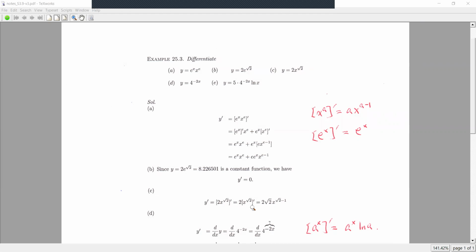Now, derivative on x to square root of 2 by the formula for power function is the power square root of 2 times x to the power minus 1. This is the result to part C.